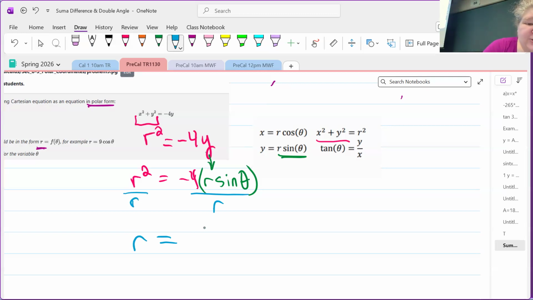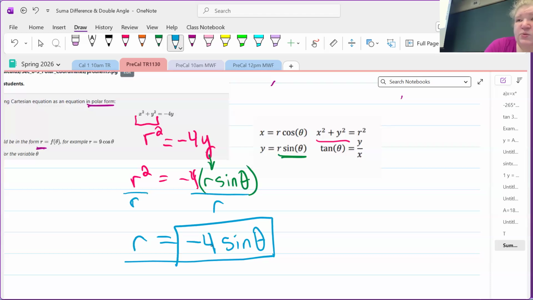But here the r's would cancel and we're left with negative 4 sine theta. So r equals negative 4 sine theta. So negative 4 sine theta is what WebWork wants you to type in. But r squared equals negative 4 r sine theta is a solution.